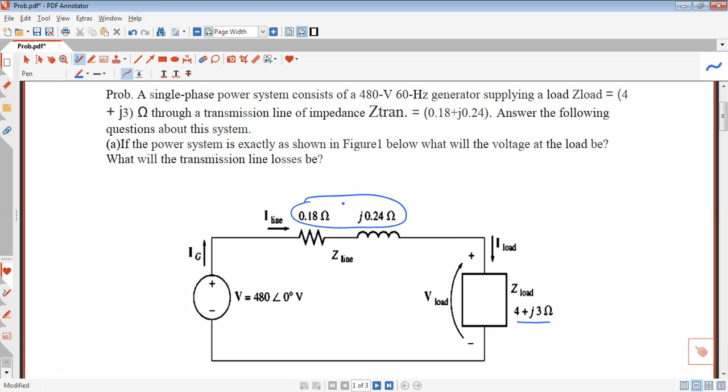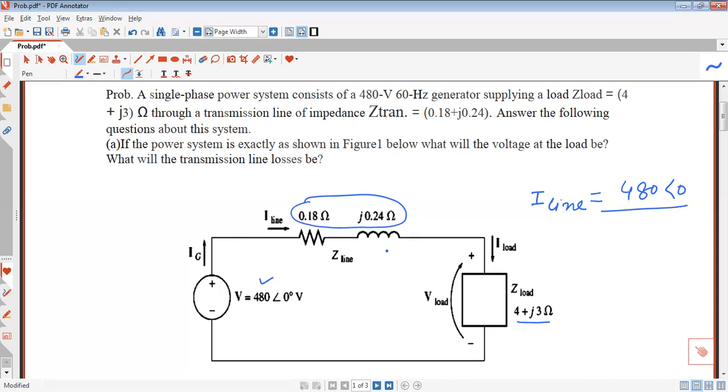So let us see how we can find the line current here. Voltage is given, transmission line impedance is given, and load impedance is also given, so we can find this line current. I line will be equal to 480 angle 0 divided by the sum of these two impedances.